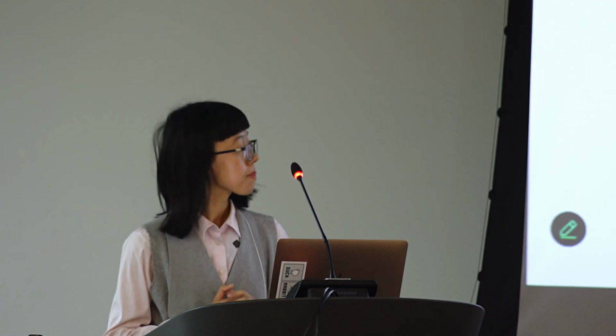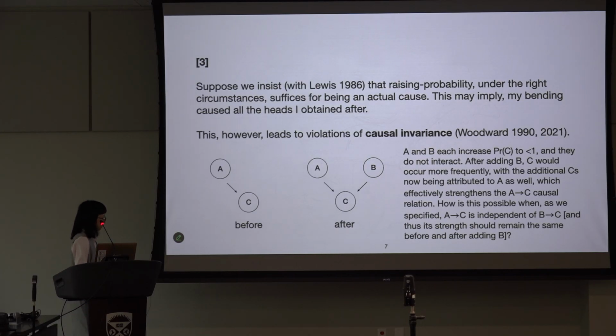Okay. So, in this case, A and B each increase the probability of C to some value lower than 1. And let's suppose A and B do not interact with each other.